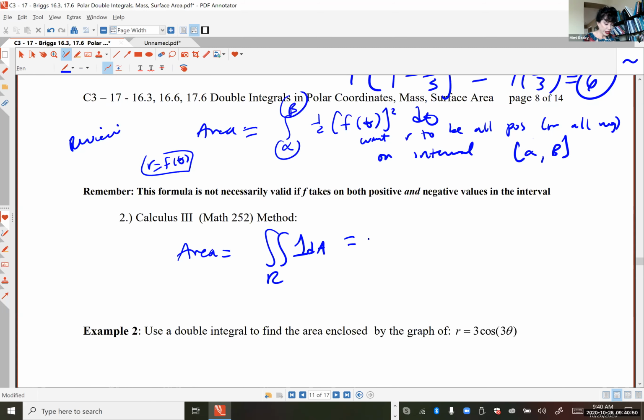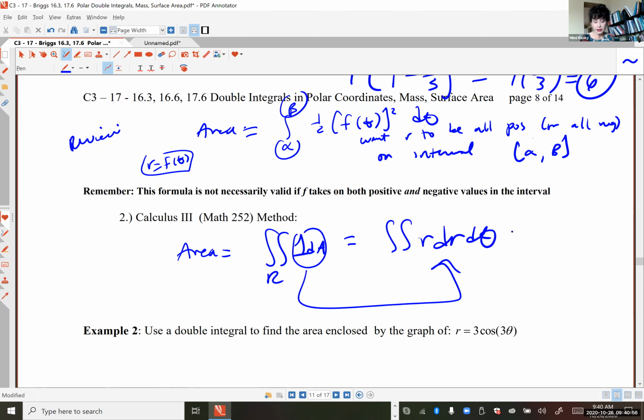You're still going to have a double integral. This is your area element, r dr d theta. And your theta is still going to be from some angle alpha to some other angle beta, what have you. And then you're going to have your r be some function of theta, g1 of theta, to another function, g2 of theta. Okay, fine.